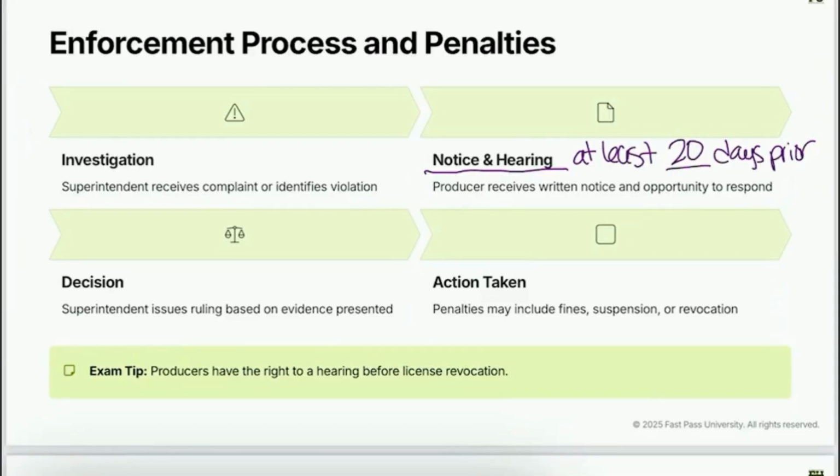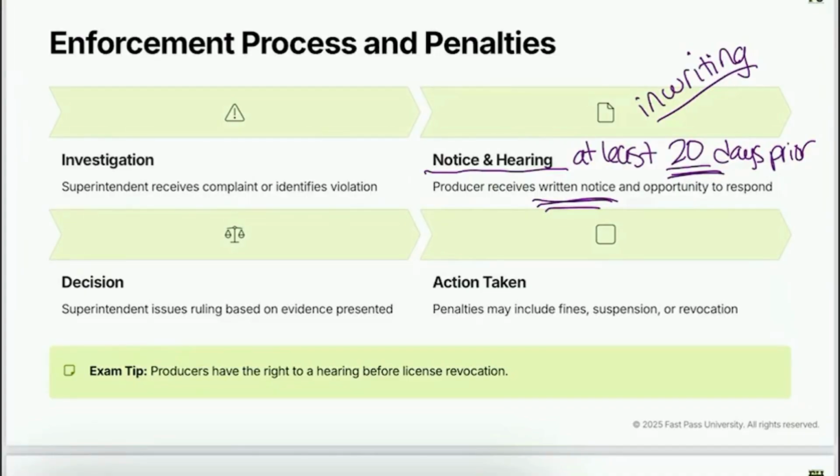Okay. So, notice and hearing, they must send that out in writing, because in insurance, everything needs to be in writing. So, notice must be sent out at least 20 days prior to the hearing date, in writing, and the agent or company, etc., has the opportunity to respond.